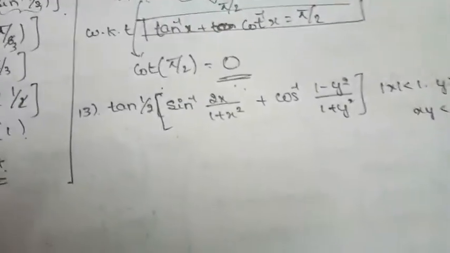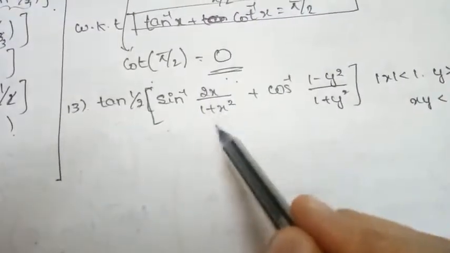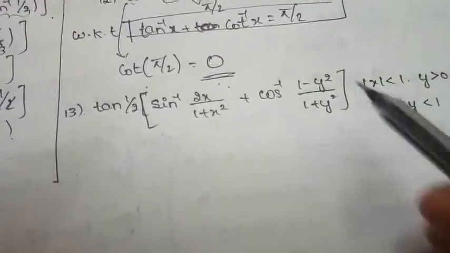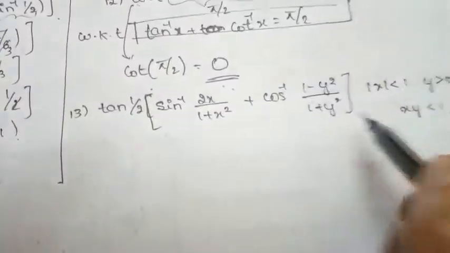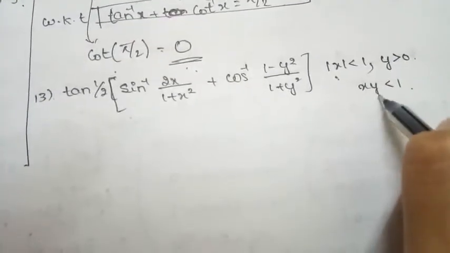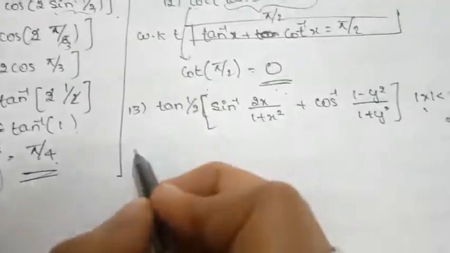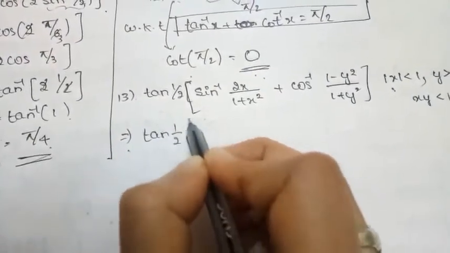So the next question is this one, that is tan of 1 by 2 sin inverse of 2x divided by 1 plus x square plus cos inverse of 1 minus y square divided by 1 plus y square, where mod x is less than 1, y is greater than 0 and xy is less than 1. So now let us see here tan 1 by 2.